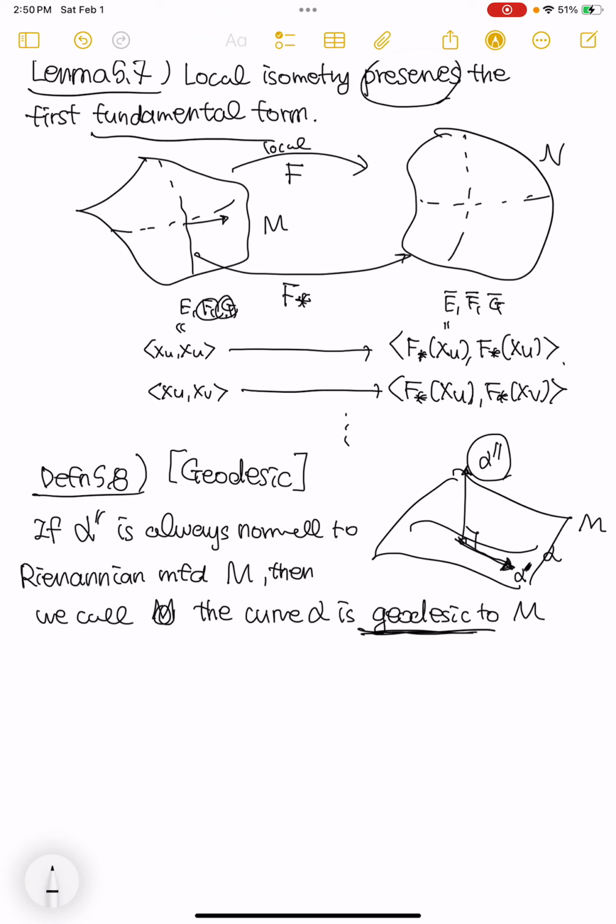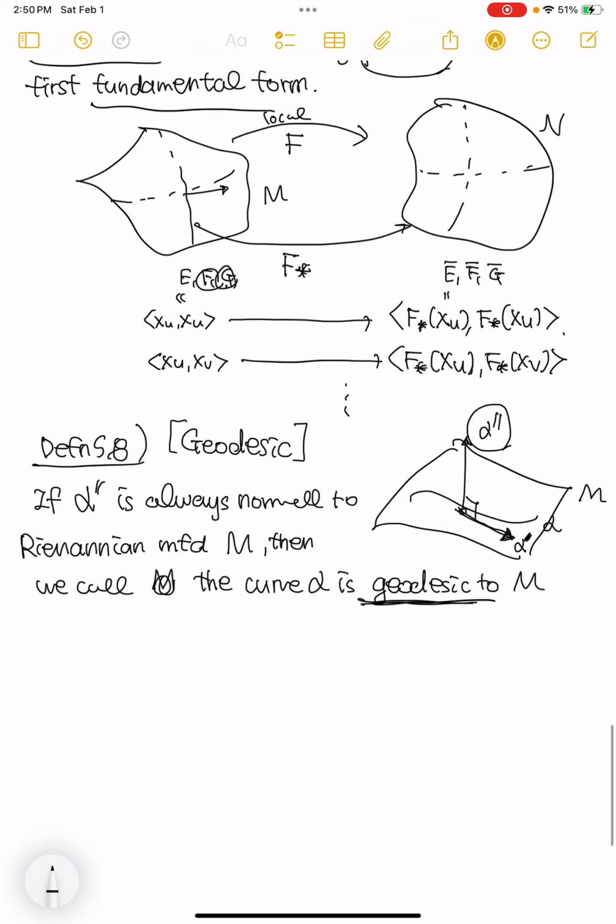The shortest path on the two-dimensional sphere is the great circle.